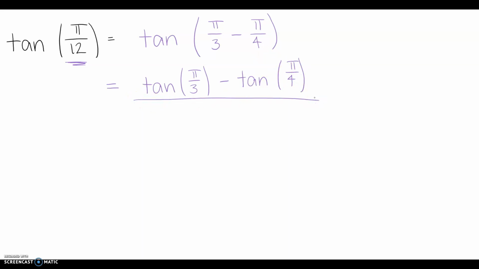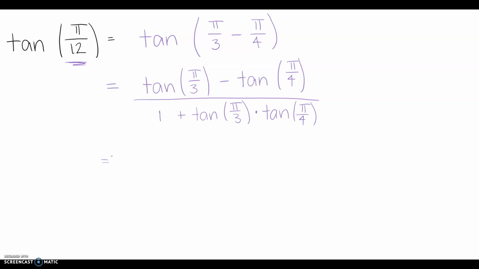All divided by 1 plus tangent of your first angle, pi over 3, times tangent of your second angle. And again, you get the identities, so just use your note card or look at them.